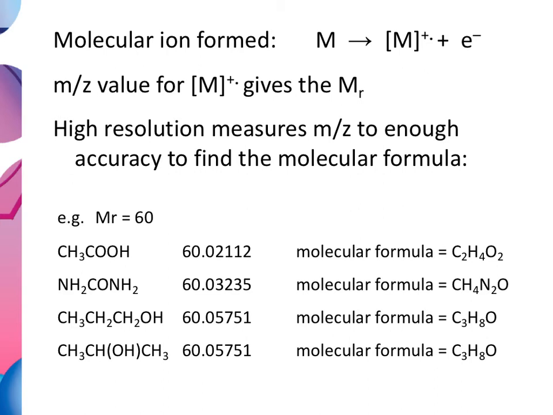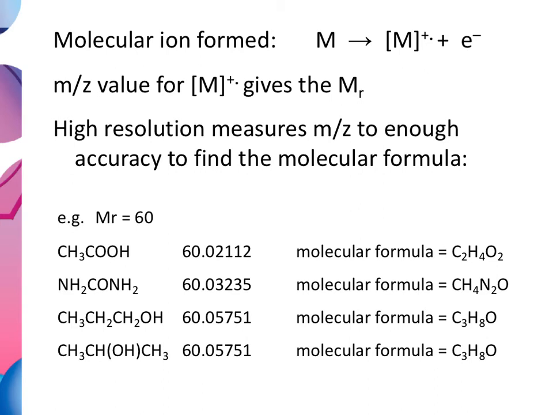If you look at carbon, for example, on your A-level periodic table, it has a mass number of 12.0, but there are three isotopes of carbon: carbon 12, carbon 13, carbon 14, and carbon 14 is very important because that's the isotope relevant to carbon dating. So what we're seeing here is a level of precision, and we can be so much more precise with our masses than we are with our A-level periodic table, for example.